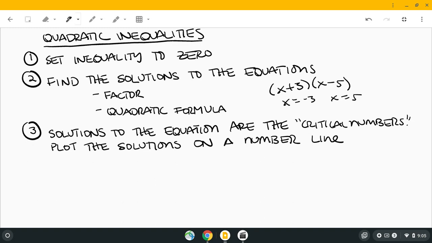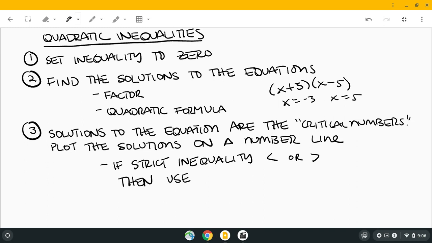Now, if it's a strict inequality, so if you have less than or greater than, then use an open circle.